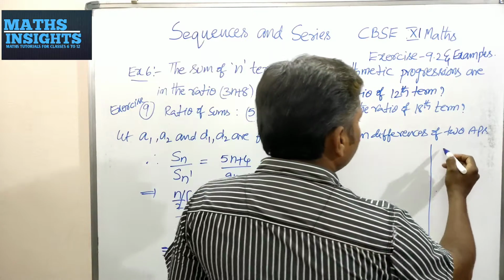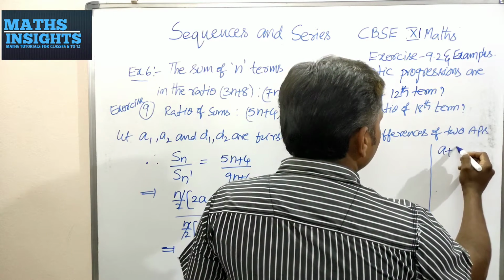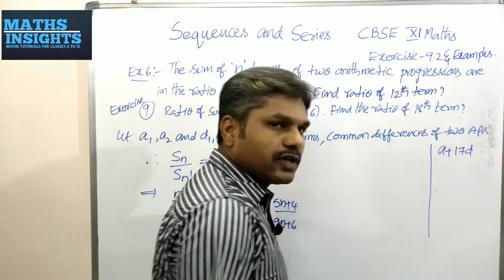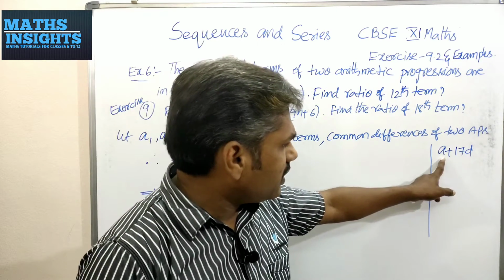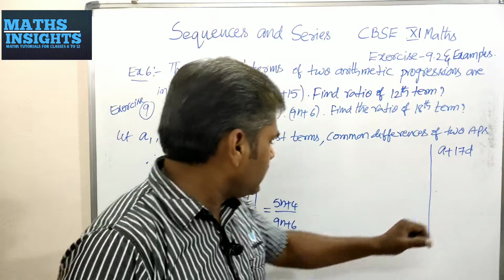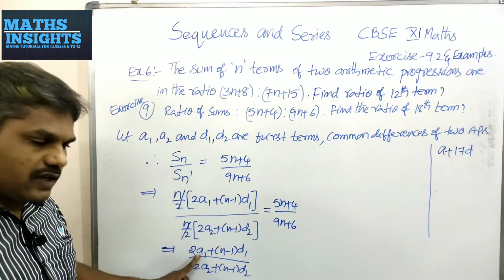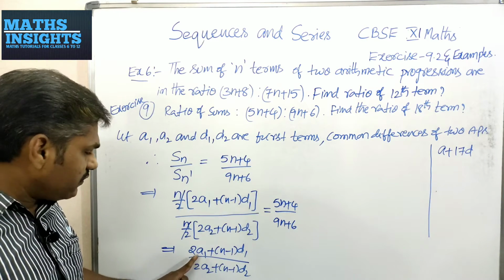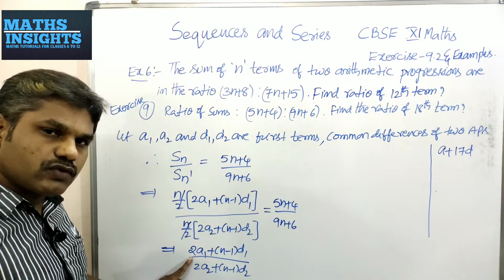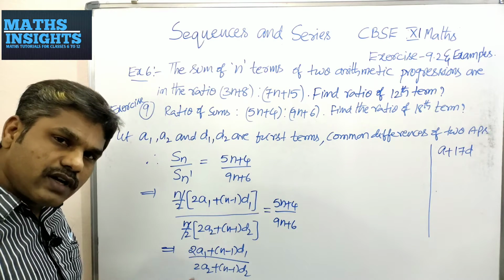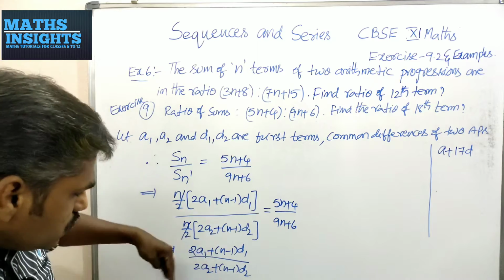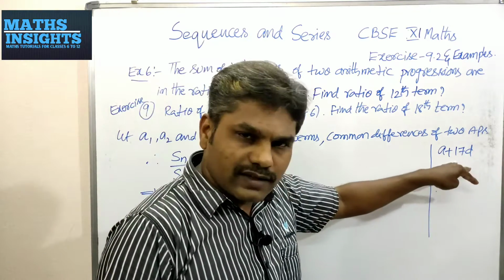How can you write the 18th term? a + 17d, which means there should be a and d only. Here I am having a, but along with a there is a coefficient 2. So to remove this 2, I will take 2 common to transform this.